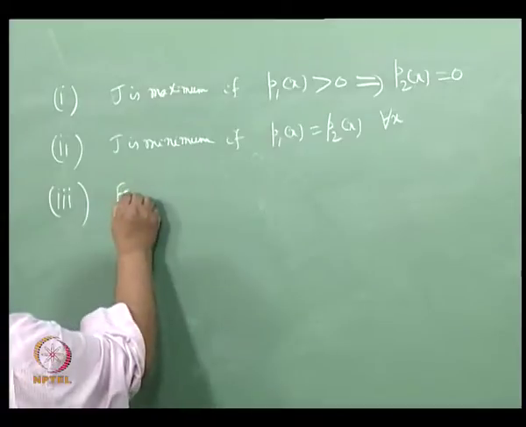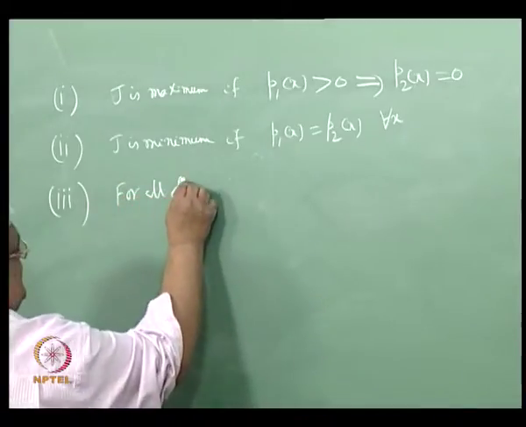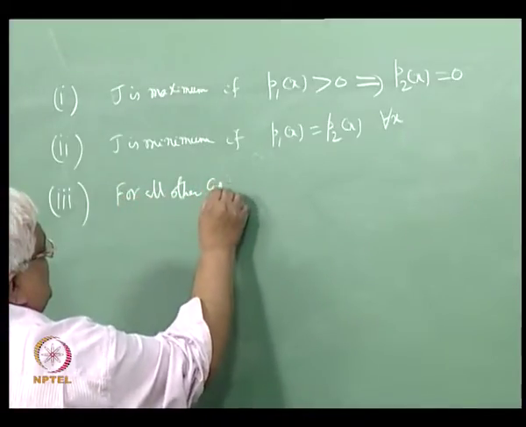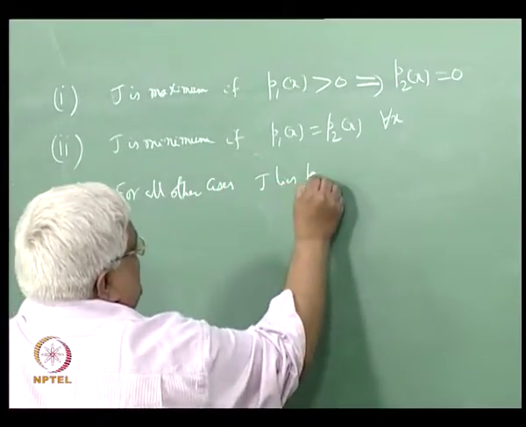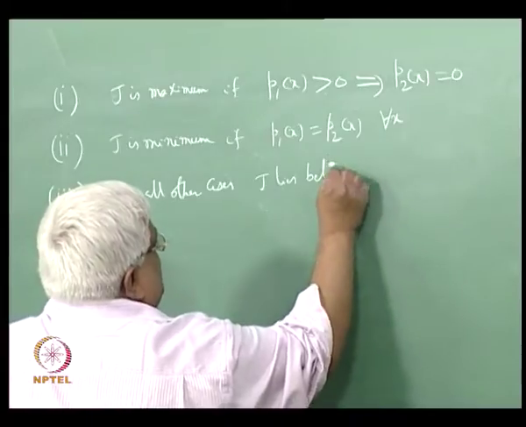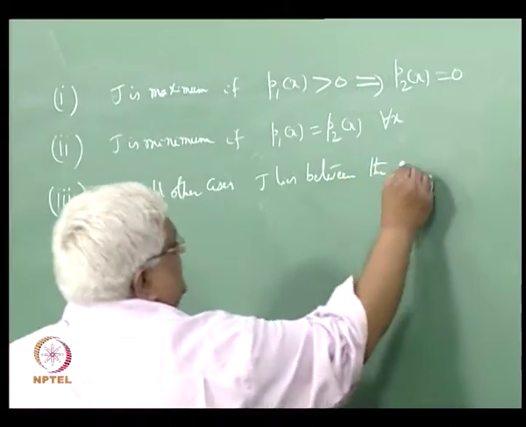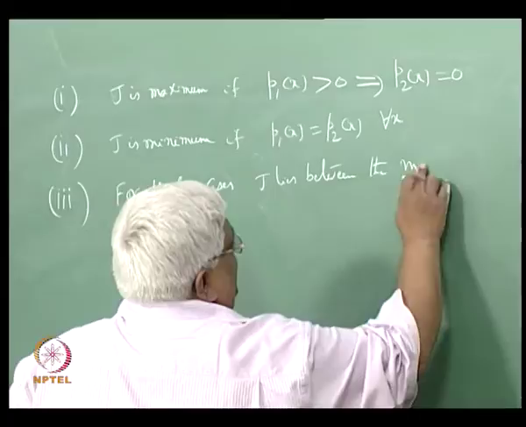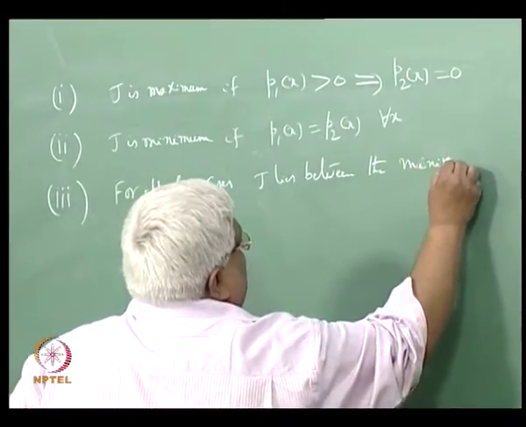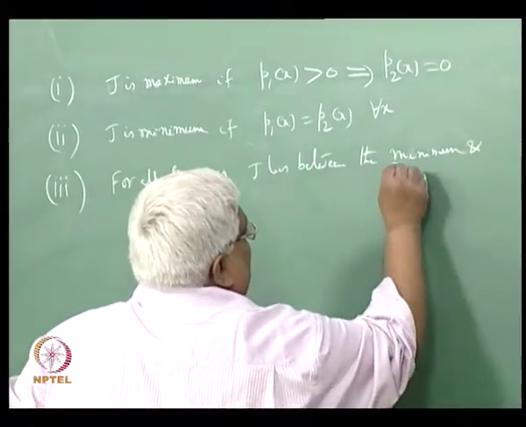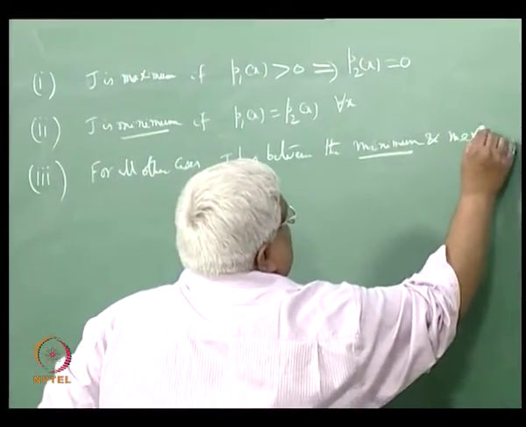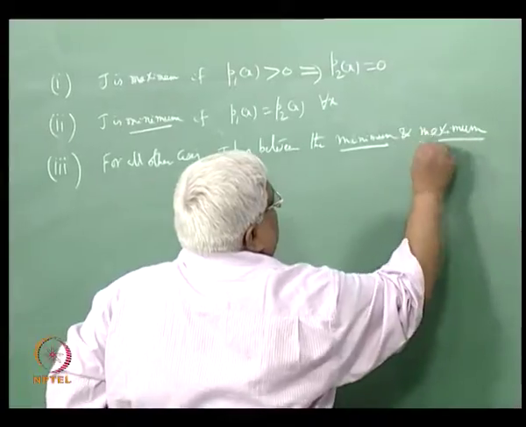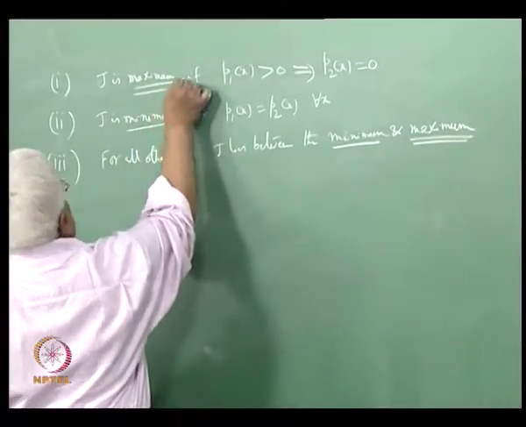For all other cases, J lies between the minimum and maximum. This minimum is same as this minimum, and this maximum is same as this maximum.